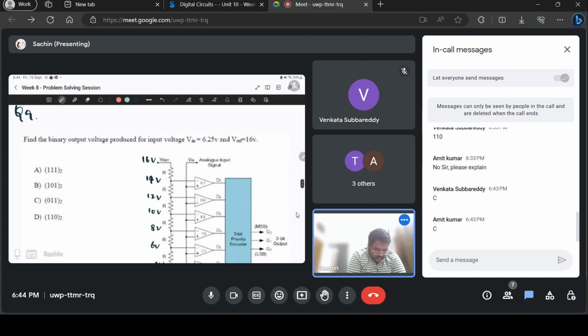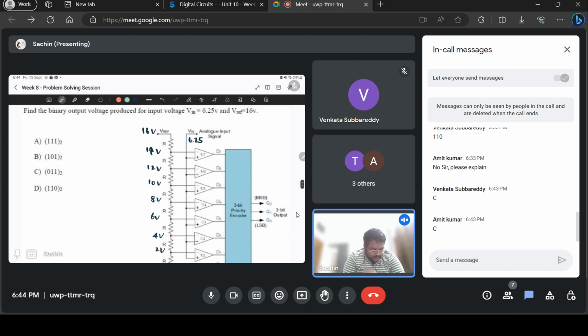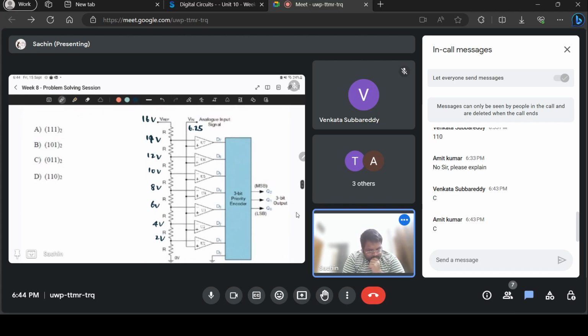And this thing is 6.25. So 14 is greater than 6.25. This will be low. Same with 12, same with 10, same with 8.